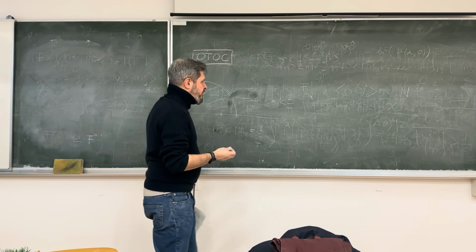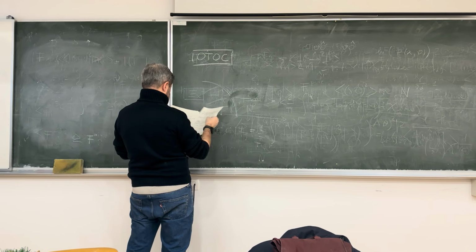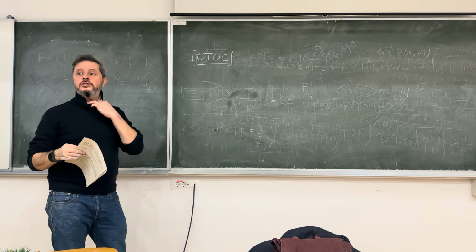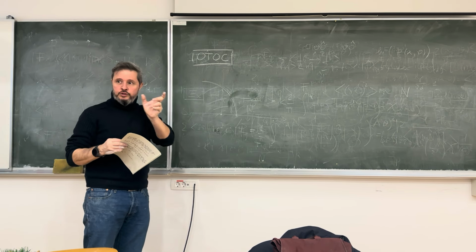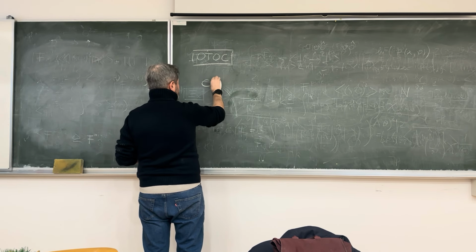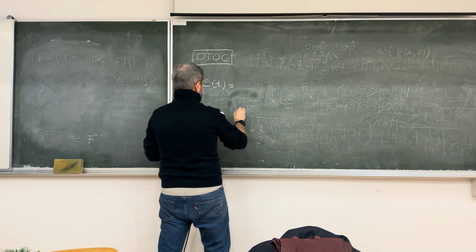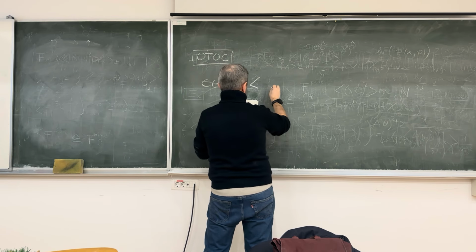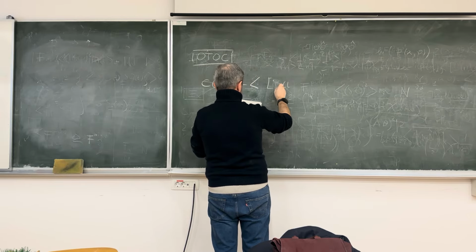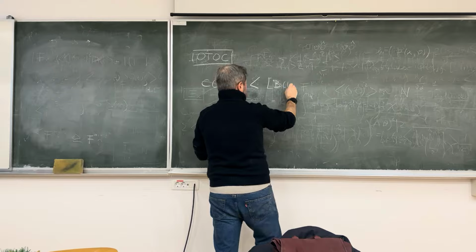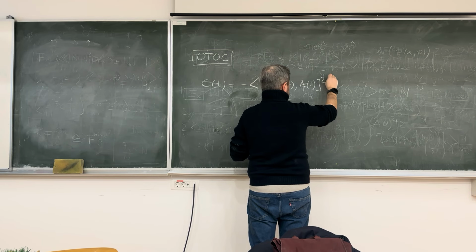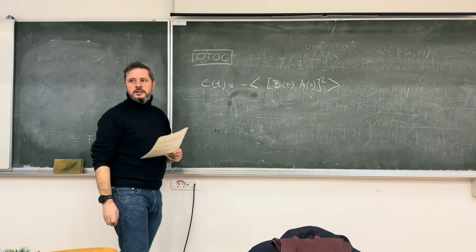But for some reason, in order to avoid possibly rewriting these higher order correlation functions as a product of two-point correlation functions, he decided to consider correlation functions, C of t, that have a strange time ordering. So for example, the commutator of B of t and A of 0, squared, something of this sort.